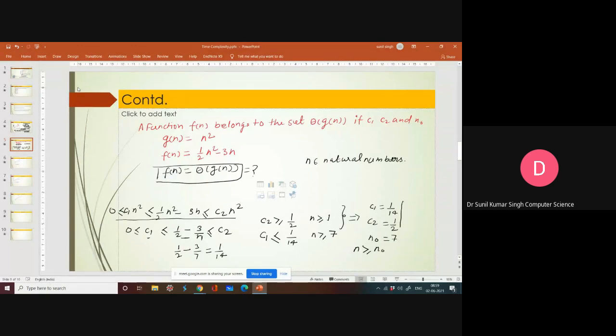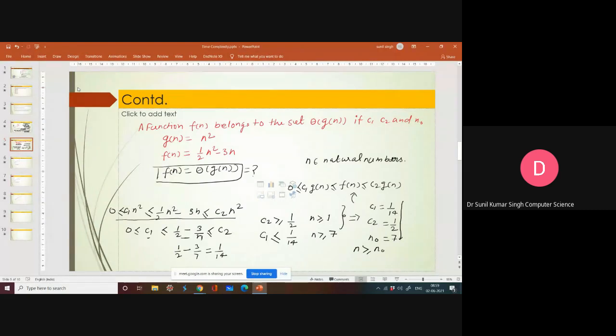So for these values, the condition of the theta notation is already mentioned: if we have some positive constants C1, C2, and there exists a value of n naught for which the condition holds, let me write it once again here: C1 gn is less than or equal to fn is less than or equal to C2 gn, for n greater than or equal to n naught.